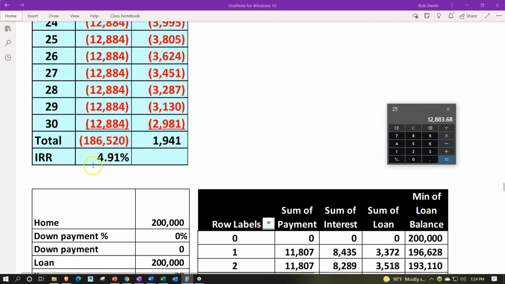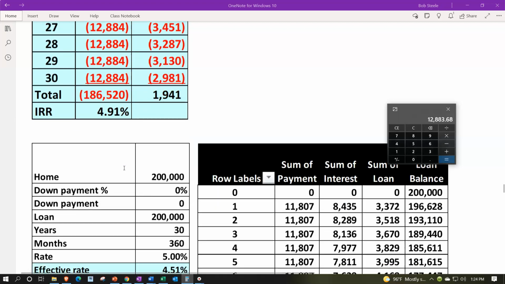And if you take the internal rate of return, which is the rate at which this series of payments will be 0, meaning if I discounted these payments back by the 4.91, I would get to 0. This IRR you would expect to be 5 given this information, but again, it's not. That's going to be due to the rounding that's involved with using years instead of months. So that's going to be the limitation.